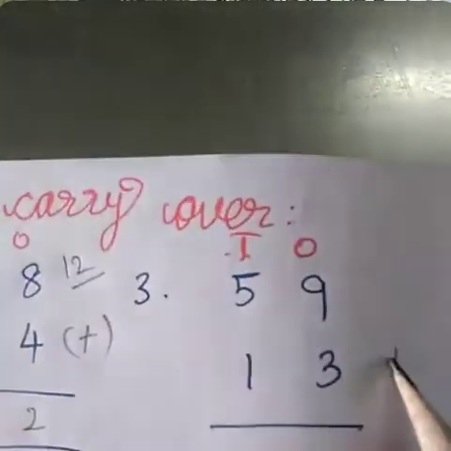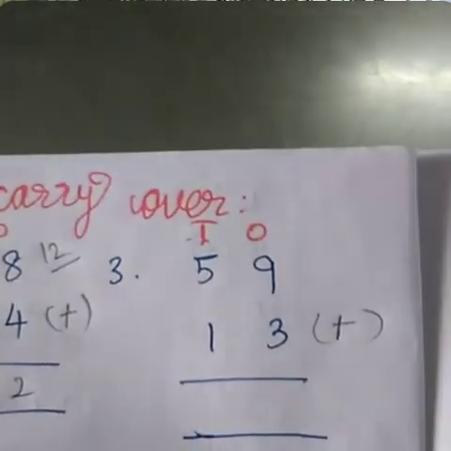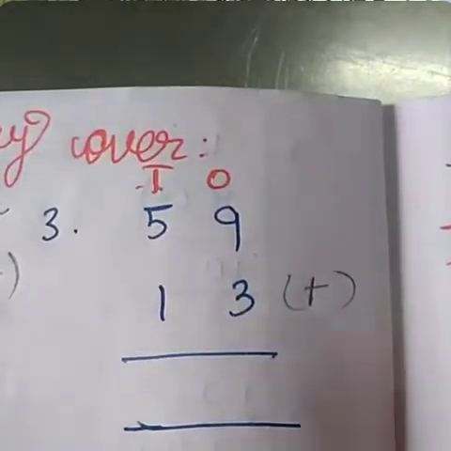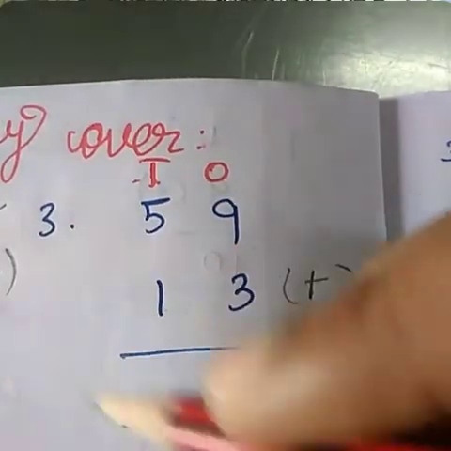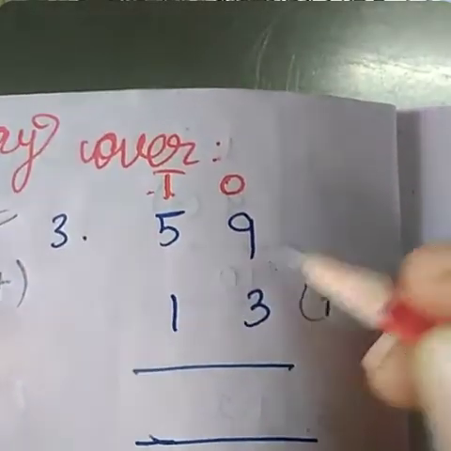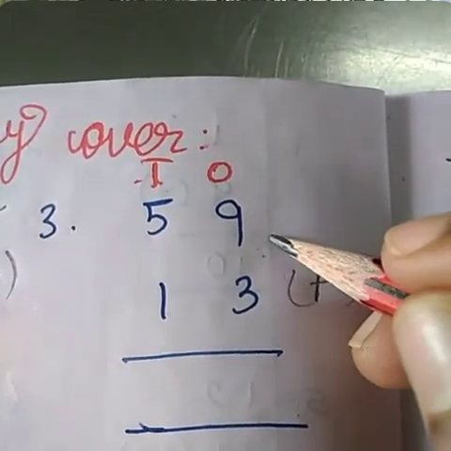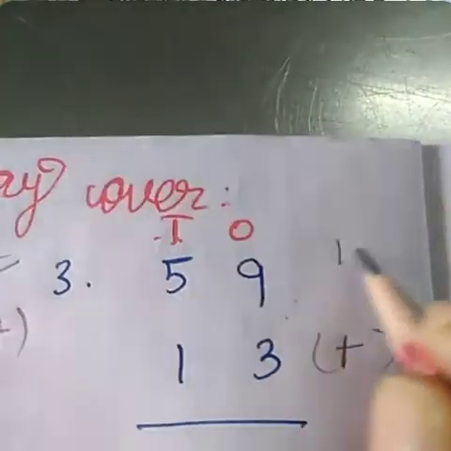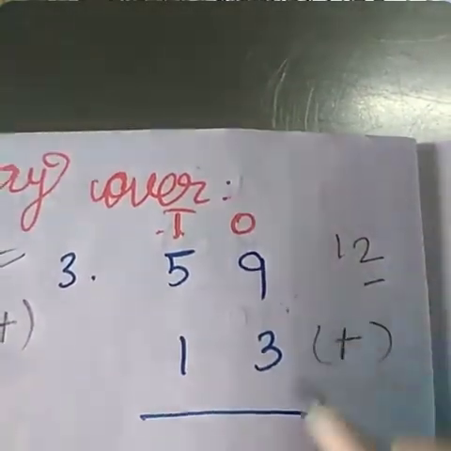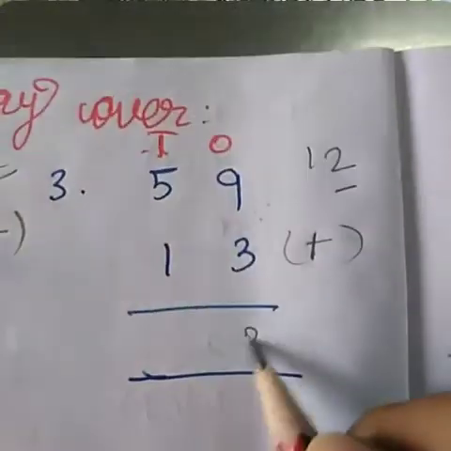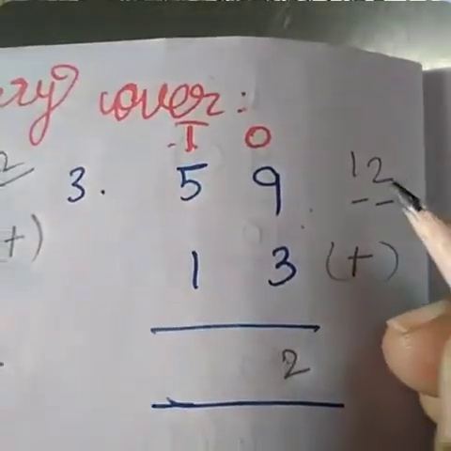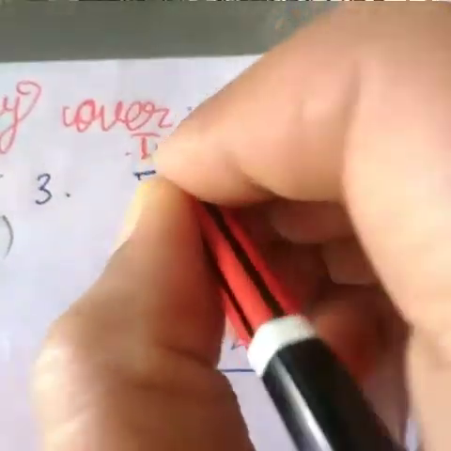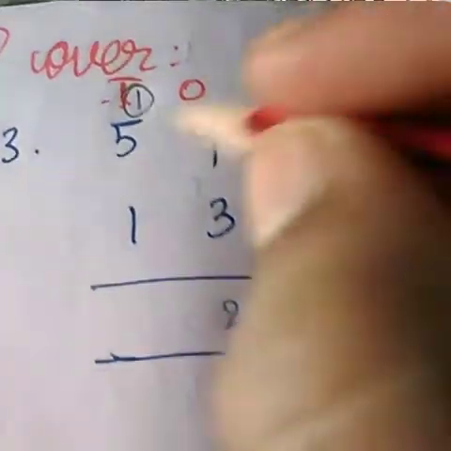Next, the third sum. You have to add these two numbers, 59 and 13. First consider the ones column and next the tens column. Put 9 in your mind and 3 on the finger. 9 after 10, 11, 12. The answer is 2 digits, so write the ones place digit in the ones column. Next, keep the carry over on top of the tens column and add these numbers.